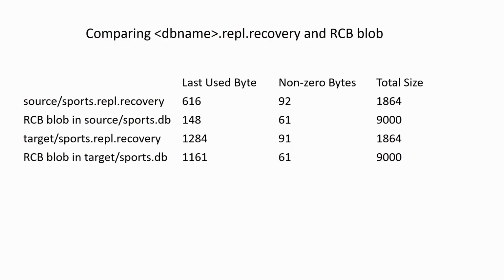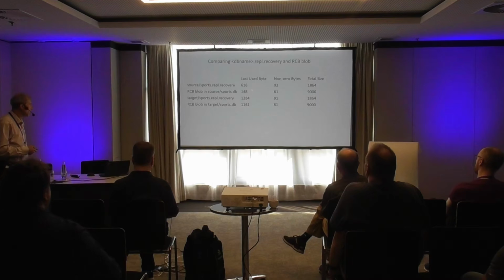So that is a kind of comparison between the REPL recovery file and the control block. And from here you can see that they are pretty much similar. And again, we are guessing what is inside. The last byte that is used here is 600.